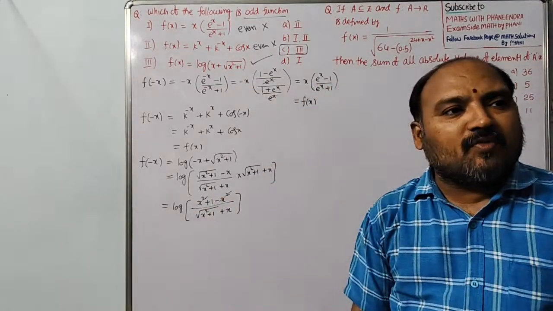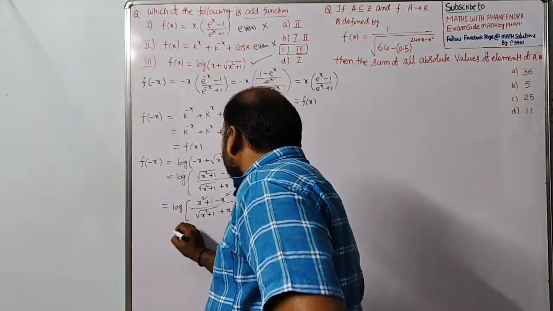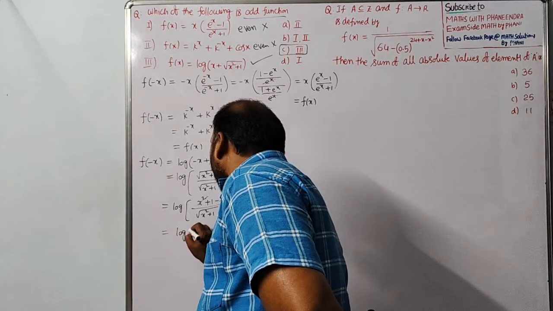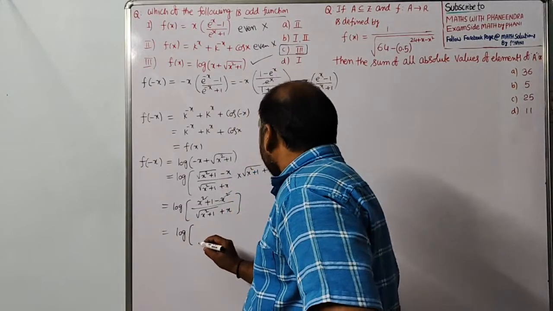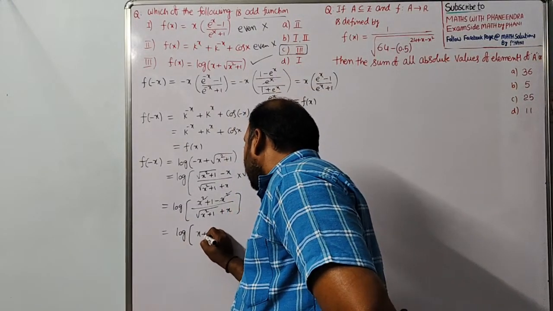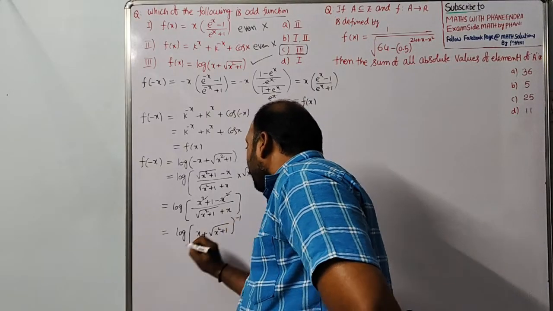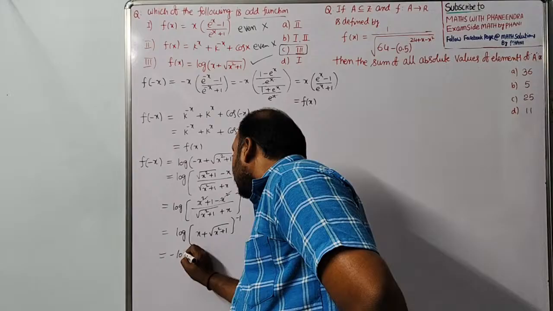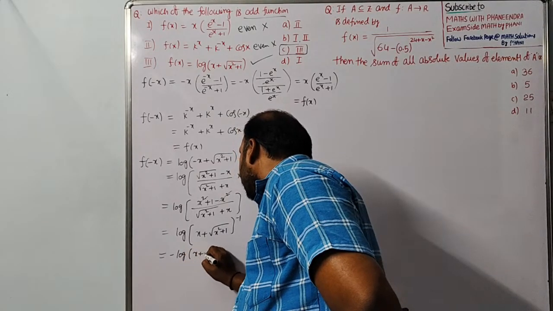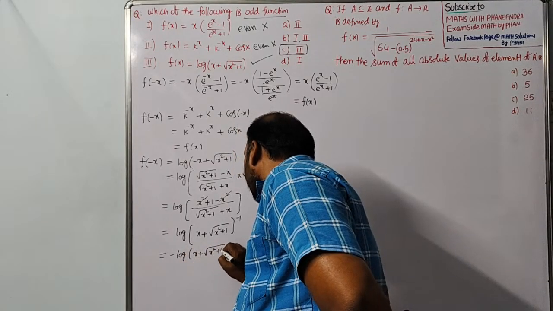1 by x means log of 1 by x. 1 by x means x power minus 1 only. So we can write it as log of (x plus root of x square plus 1) whole power minus 1. Log a power n means n log a. So minus log of (x plus root of x square plus 1).